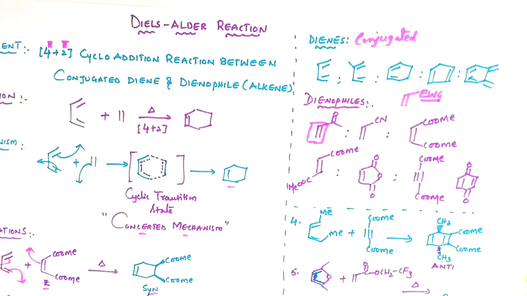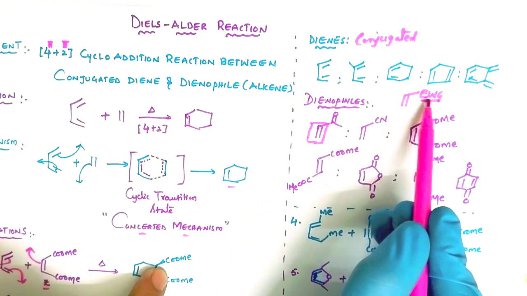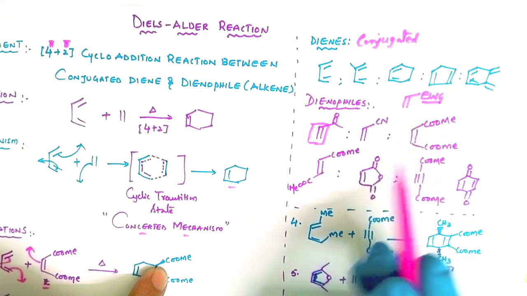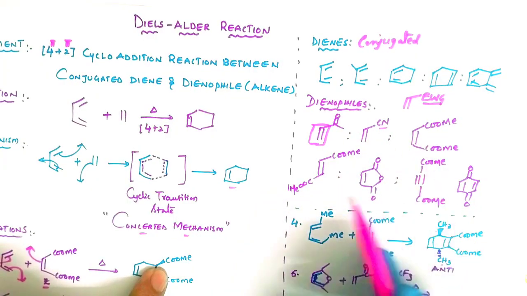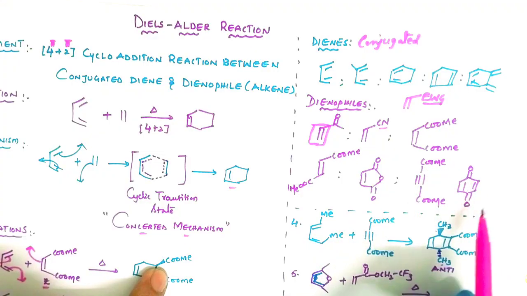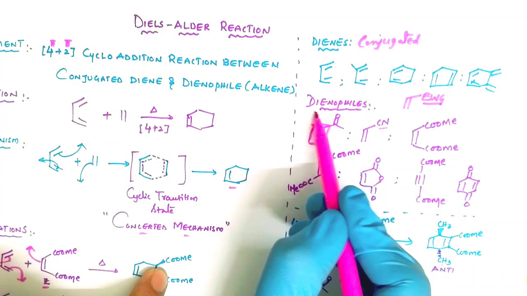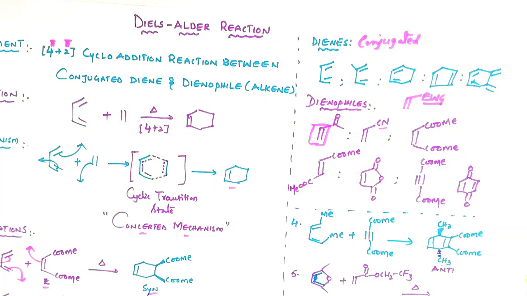Conjugated dienes are electron rich, thereby dienophiles should be electron deficient. That's why to the pi bond we are attaching electron withdrawing group. See this one, to this pi bond ketone, CN group, ester groups, anhydride group, ester group, ketone group. So these kind of dienophiles will interact with the conjugated dienes.